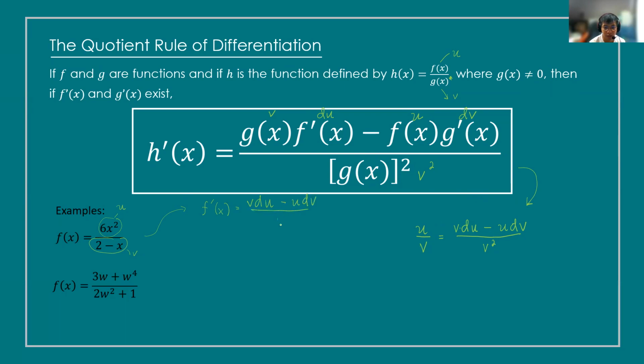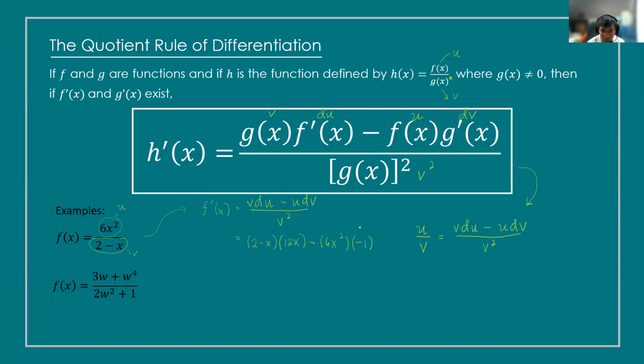So v first, that would be 2x, 2 minus x, multiplied by the derivative of u, that will give us 12x, minus the u parameter first, 6x squared, multiplied by the derivative of the denominator. The derivative of 2 is 0, and the derivative of minus x would be minus 1.